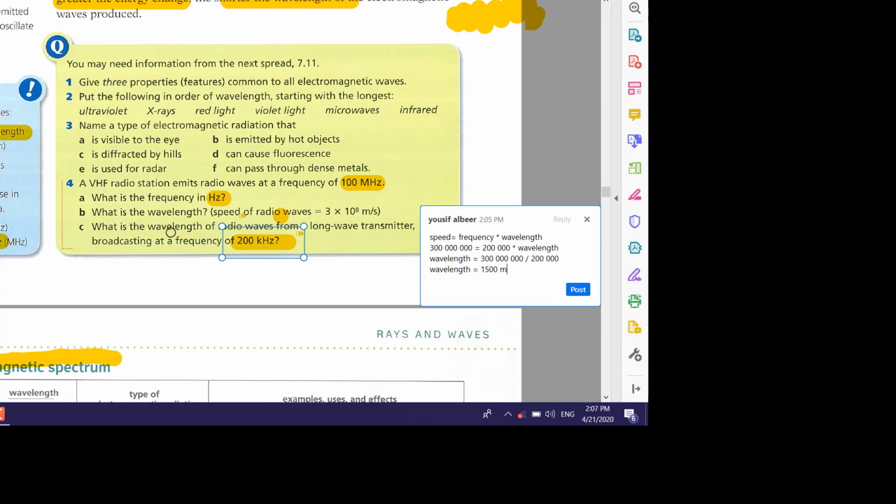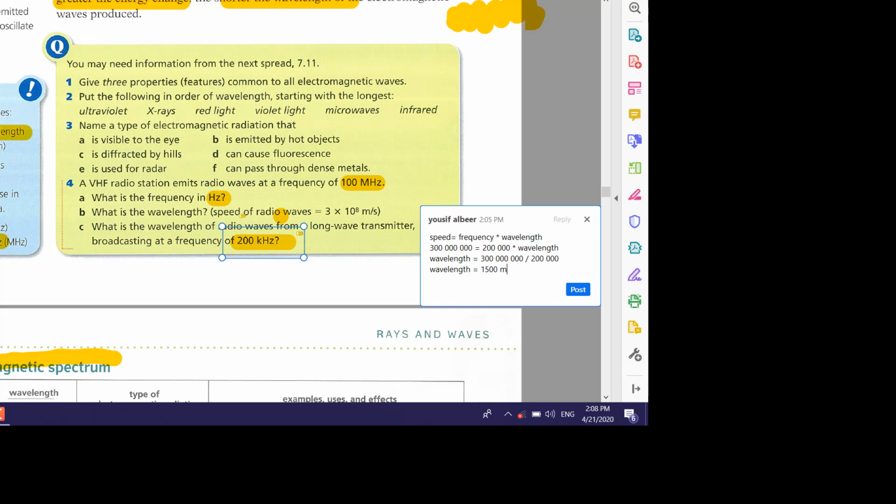C. What is the wavelength of radio waves from a long wave transmitter broadcasting at a frequency of 200 kilohertz? To solve this question, we have radio waves, and they are asking us to find the wavelength.